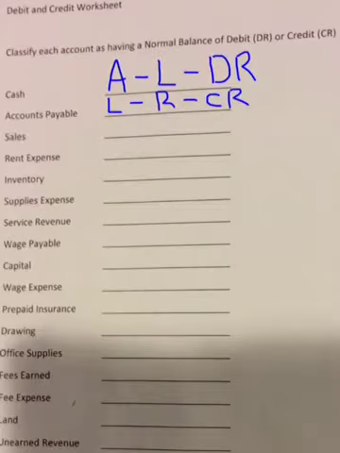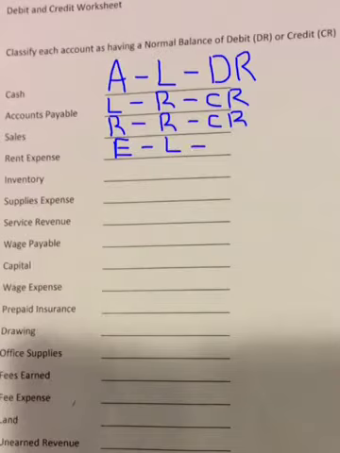Sales is a revenue account. Revenues increase on our right hand, therefore their normal balance is a credit. Rent expense is an expense. Expenses will increase on our left hand, and therefore their normal balance is a debit.